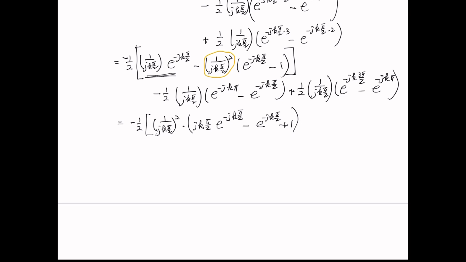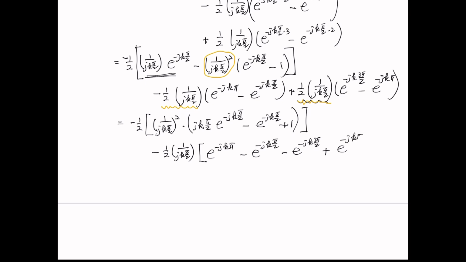And we want to factor out 1 over 2 times 1 over jkπ/2. We have a negative 1 over 2, 1 over jkπ/2 out. Then we have e to the negative jkπ minus e to the negative jkπ/2. Since we take out the negative, we have a negative e to the negative jk 3π/2 plus e to the negative jkπ.